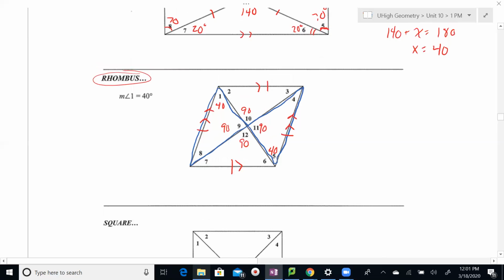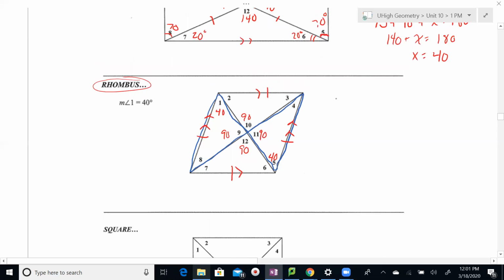So what I can do is I can say, okay, well, 90 plus 40 plus something equals 180 degrees, or 130 plus something equals 180 degrees? Well, that something would have to be 50. So I now know that the measure of angle 4 is 50 degrees and the measure of angle 8 is 50 degrees.